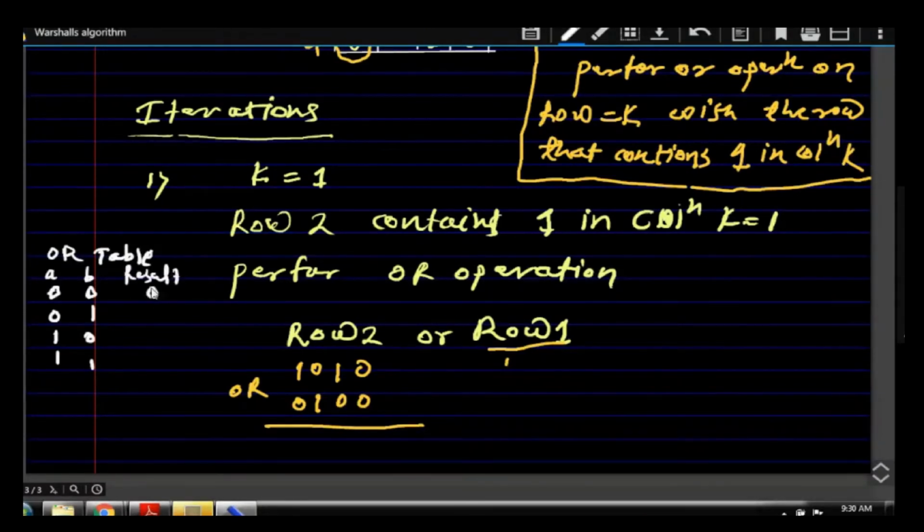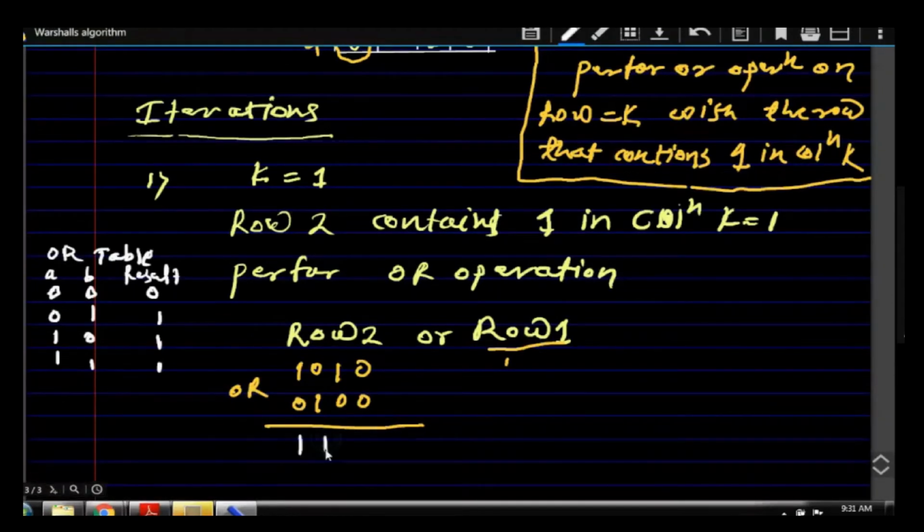So 0 0 is 0, 0 1 is 1, 1 0 is 1, 1 1 is 1. The OR result is 0 if both the inputs are 0, otherwise the result is 1. So performing the operation: 1 0 will be 1, 0 1 will be 1, 1 0 will be 1, and 0 0 will be 0. This is the OR result for row 2.